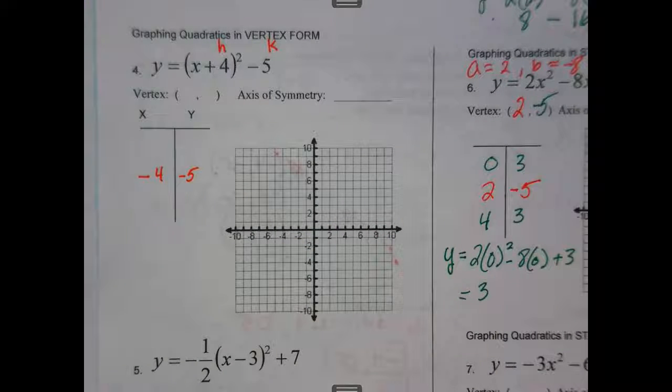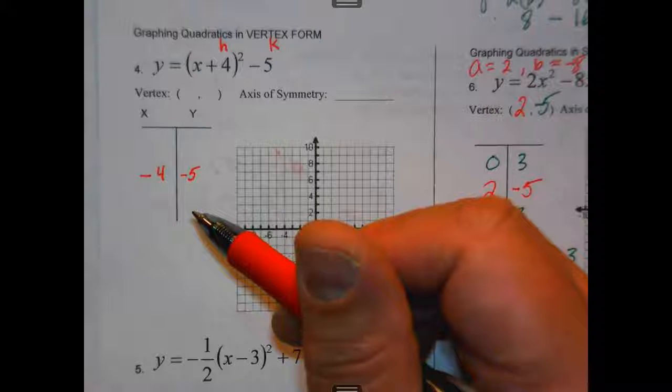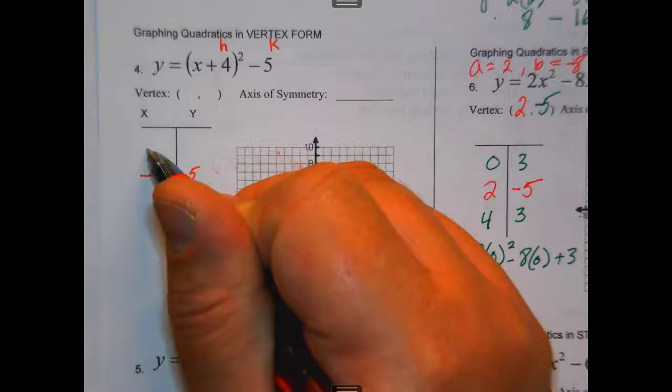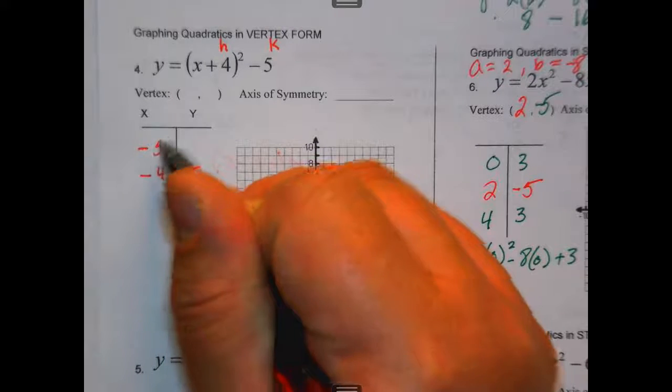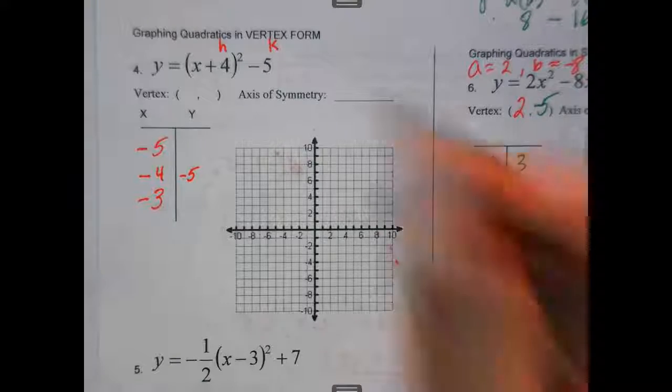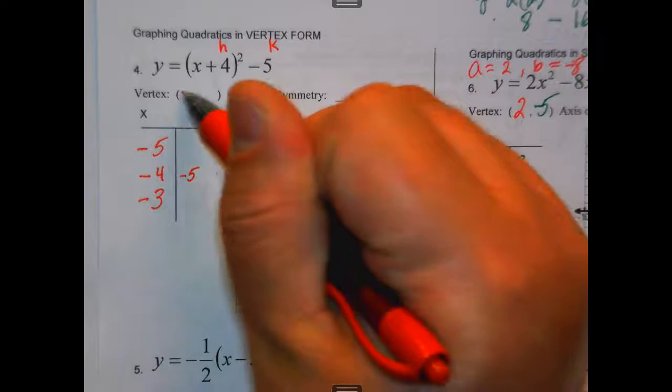Ooh, yeah, I should collect your homework. I'll wait till next time. -4, -5. I got to go one less. One more. Vertex is -4, -5, right?